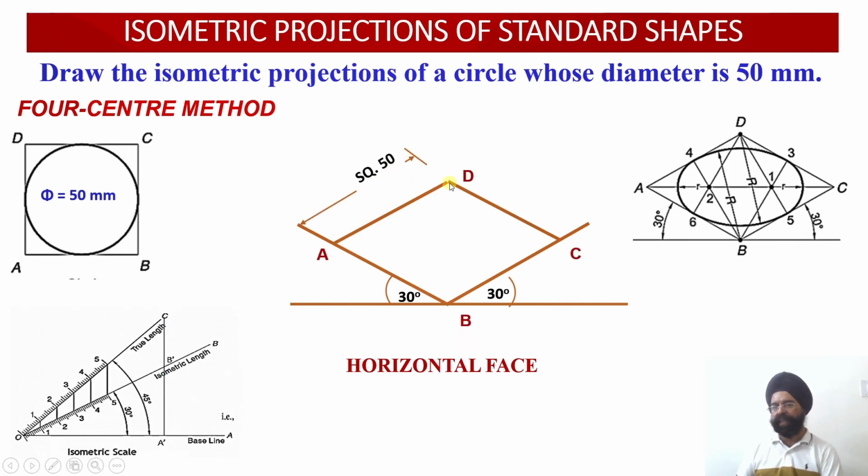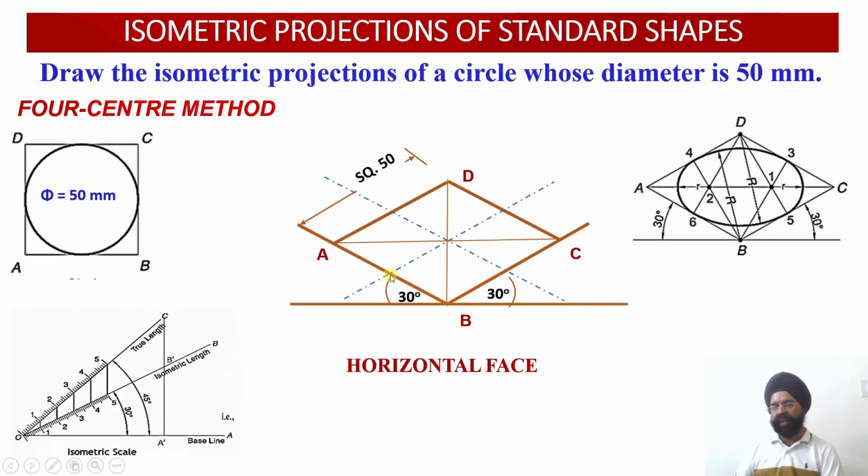So we have completed the construction of a square in the isometric projection, which appears to be a rhombus. Now this is a rhombus in which there is a major diagonal and a minor diagonal. We are focusing on the minor diagonal. So this is our main focus.